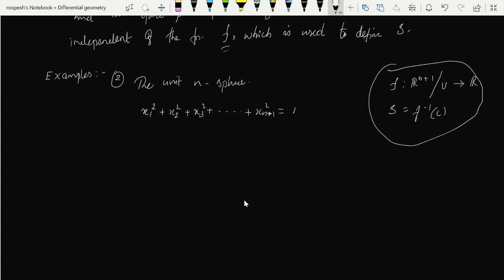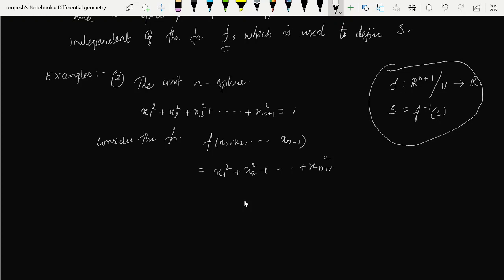It is very easy. You consider the function F of x1, x2, and so on up to x(n+1) equal to x1 squared plus x2 squared plus and so on, plus x(n+1) squared. Now evidently this can be written as F inverse of 1.